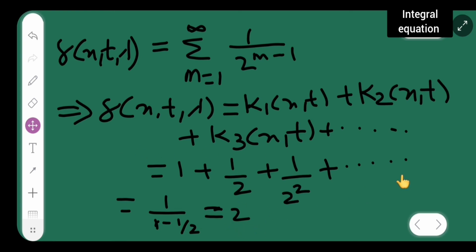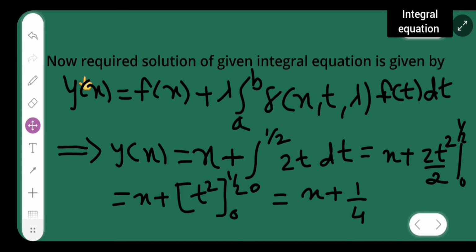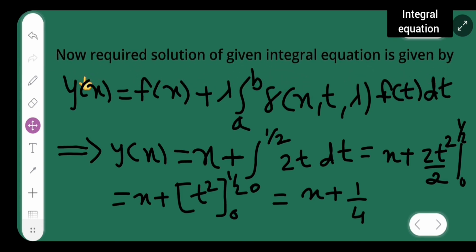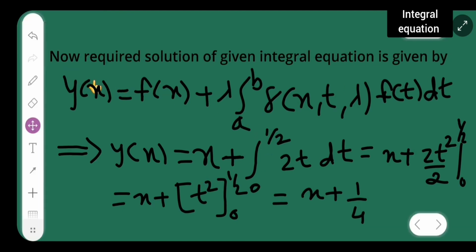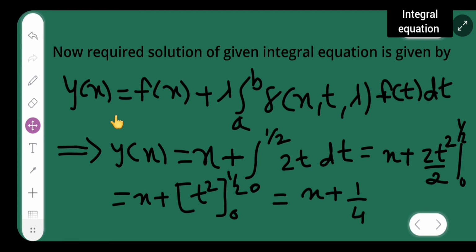Okay, next I'll turn the page. Now required solution. Now what is the required solution? So now the required solution of the given integral equation is given by y of x is equal to f of x plus lambda integral from a to b resolvent kernel f of t dt.